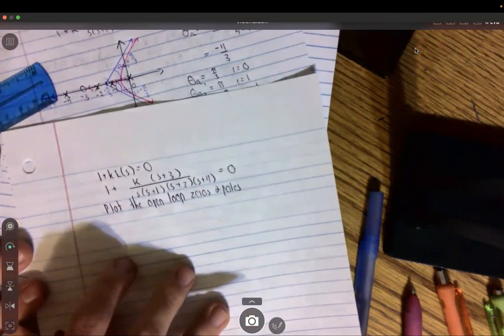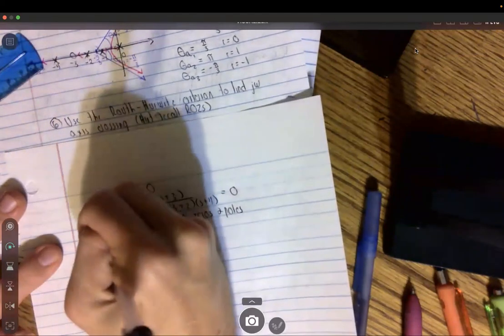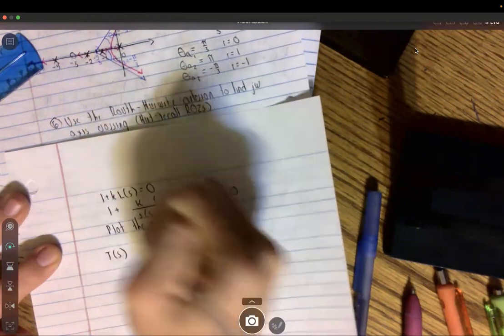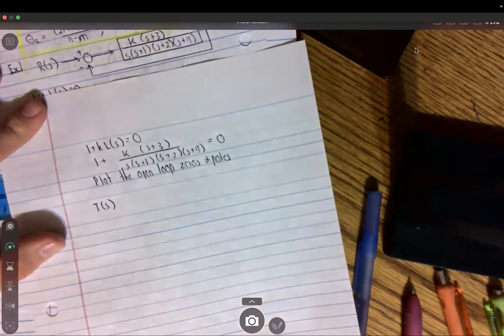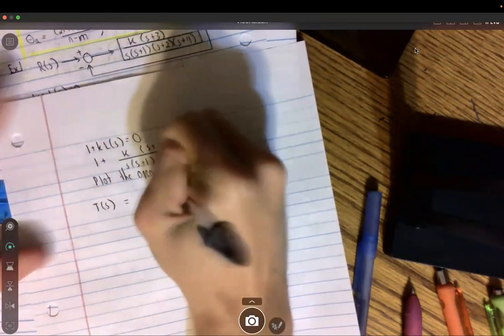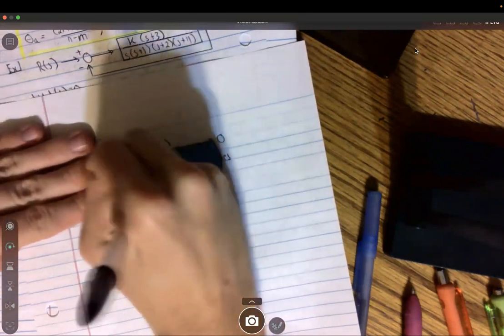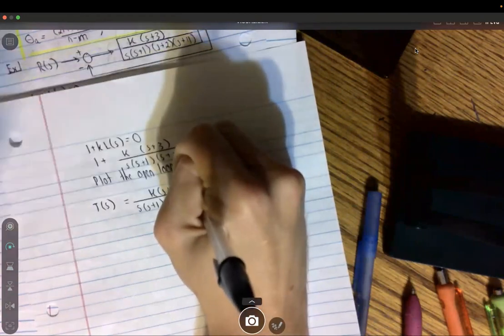But in order to determine the j omega axis crossing, we're going to use our closed loop system. So the closed loop system T of S, for this one up here, is going to be K times S plus 3, all over, in the denominator, S times S plus 1 times S plus 2 times S plus 4 plus K times S plus 3.